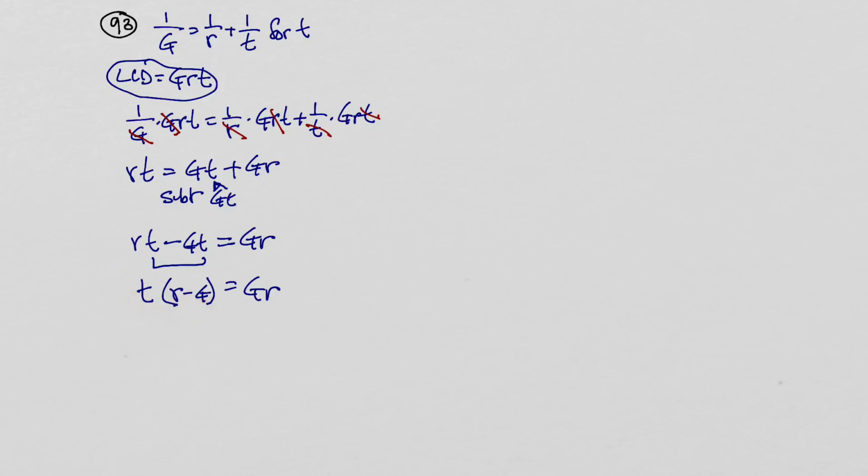This r minus g is multiplying t, so our plan now is to divide by r minus g. And if we do that on the left side, we divide here, it's gone. And if I divide it over here, we will get t equals gr divided by r minus g, and there we go, we've got it.